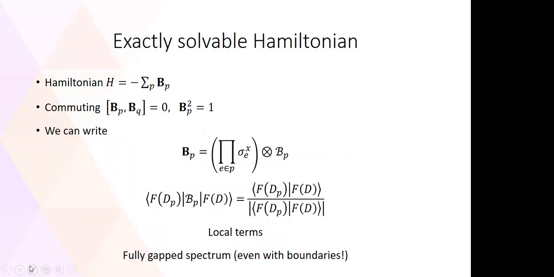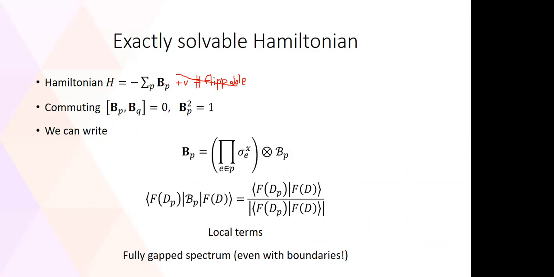You can ask what happened to the V term, right? You also had V times the number of flippable plaquettes. But if you remember, on the Fisher lattice all plaquettes are flippable, so the number of flippable plaquettes is constant, so this term is just a constant you can ignore.